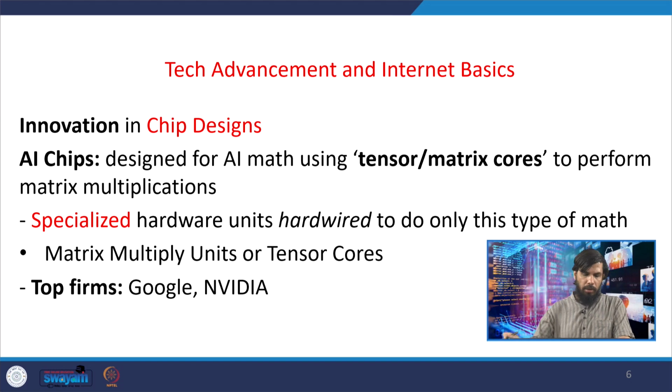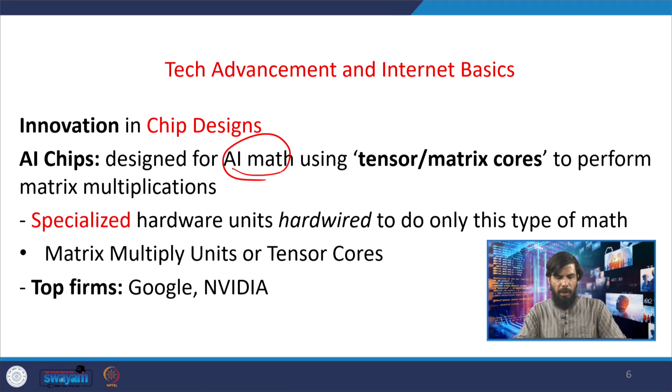Now another design improvement that can be seen in AI chips is that they are also being designed for AI math. So what is AI math? Essentially they are using tensor or matrix cores to perform matrix multiplication. Everything in AI can be summed up as matrix multiplication.